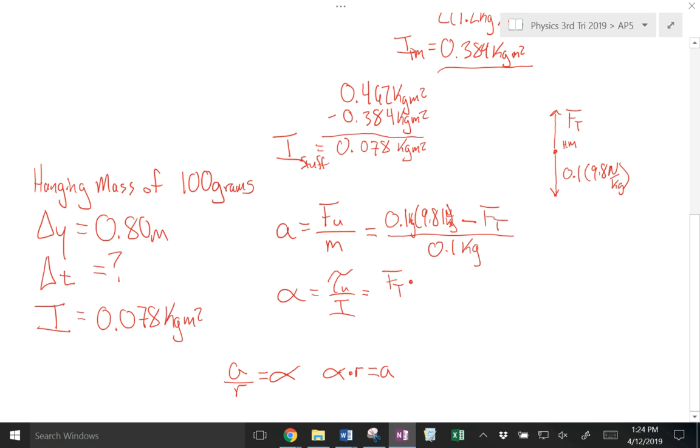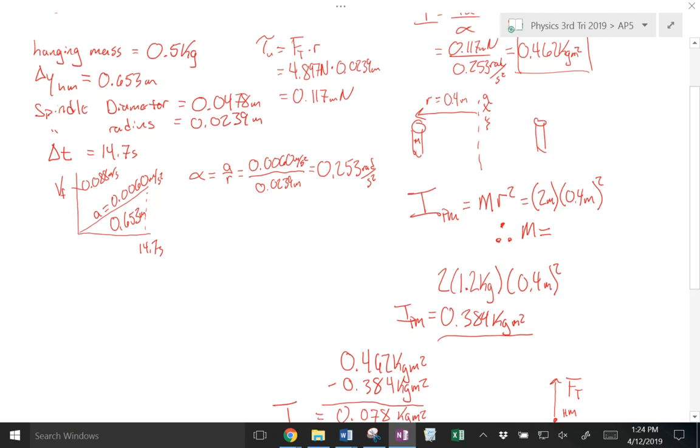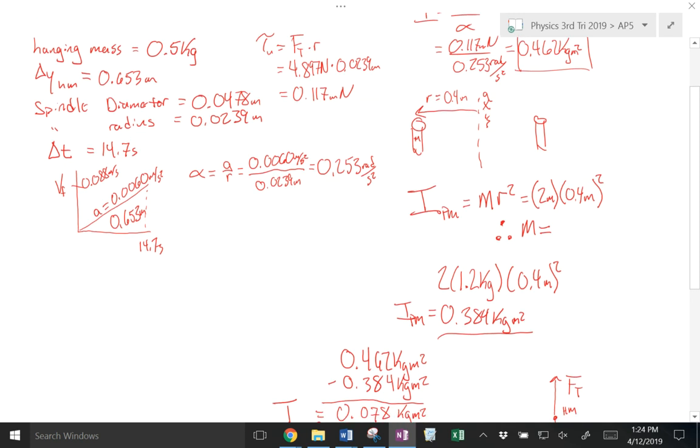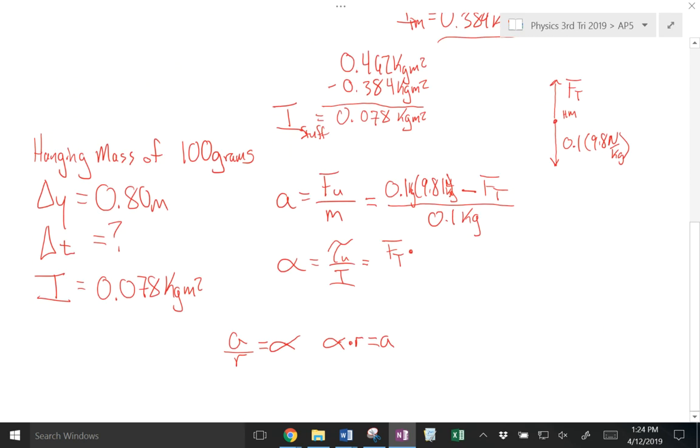What is the position vector for that force relative to the axis? That's the other thing I didn't write. I wrote it up here. Spindle diameter is 0.0478. Spindle radius is 0.0239 meters. I'm unaware of any other torques acting in this situation.